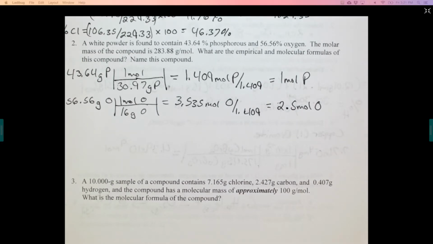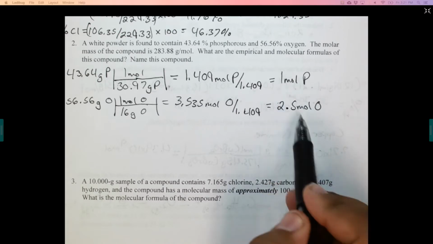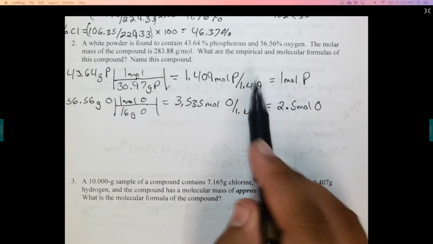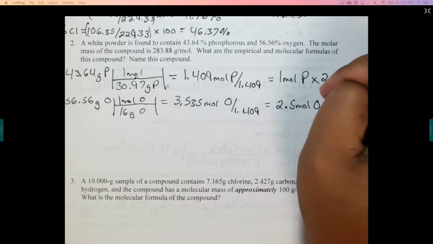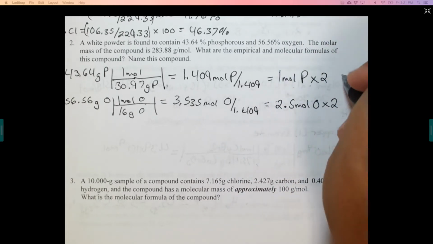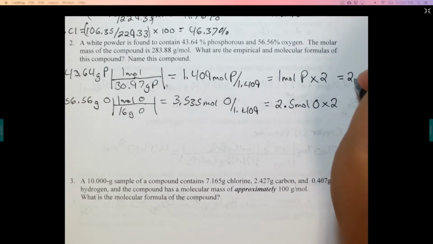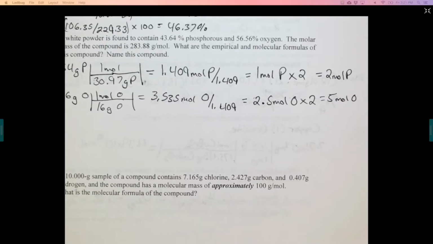All empirical formulas have to be whole numbers. So to get a whole number out of this ratio, we need to multiply both of them by 2. So we get a multiplication by 2, and we end up with 2 moles of phosphorus and 5 moles of oxygen. And hopefully we see that.